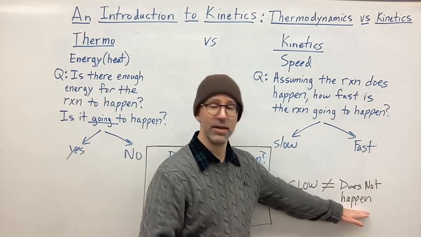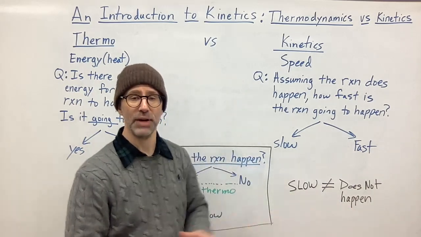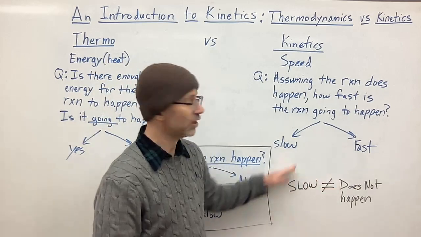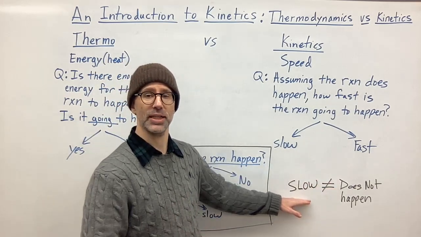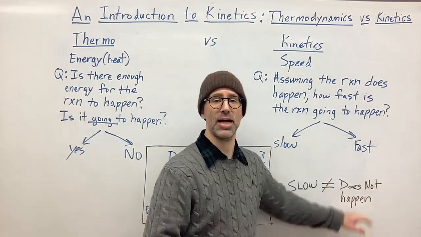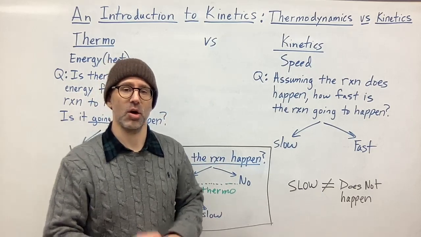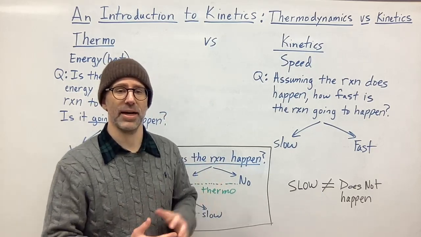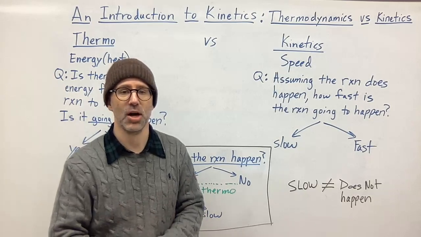Either it happens or it doesn't. If it does happen, it could be slow or it could be fast. So again, speed is the realm of kinetics, whereas whether or not it happens is the realm of thermodynamics. I'm going to go over a couple of pictures in my next part of this video to show you what I am talking about.